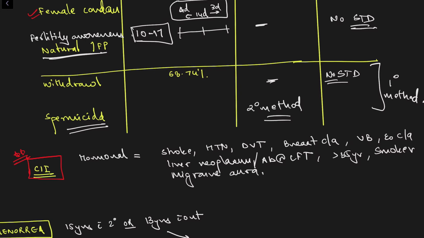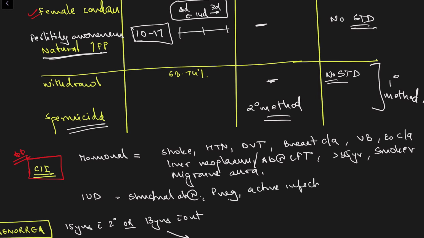What are the contraindications to IUD? Both progesterone and copper containing. Again, severe uterine structural abnormality, because it will prevent the insertion of the IUD, any suspected pregnancy, then any active infection.